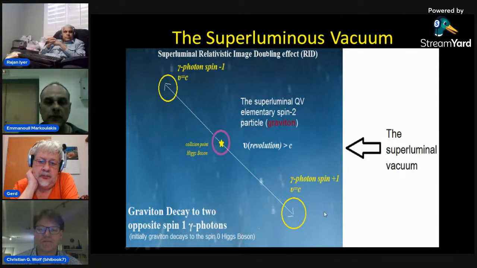Okay, so we have the two beams coming from left and right, impacting very forcefully. And then this ring here, the graviton, which is Planck sized. The standard model says that all elementary particles are dimensionless.